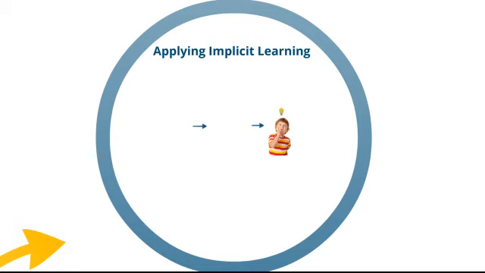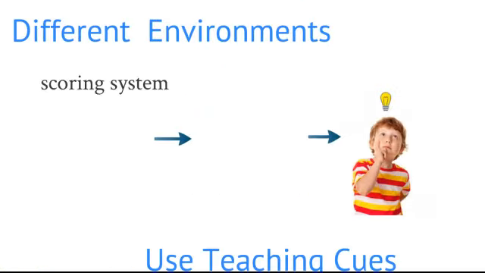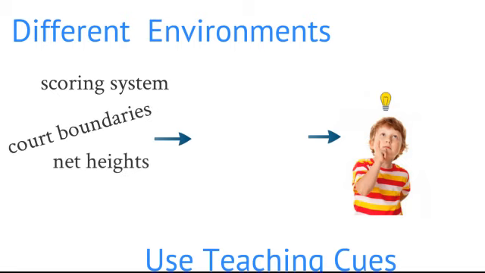So how can we apply implicit learning while using resources provided by Street Tennis Club? We need to create different environments with different games where kids need to improve their skills to solve problems, and use teaching cues. Pretty simple. To create those environments, we can change scoring systems, score boundaries, net heights, and targets.